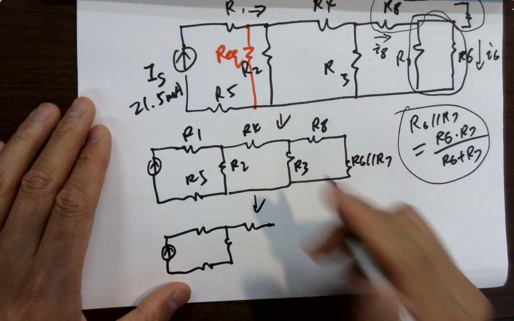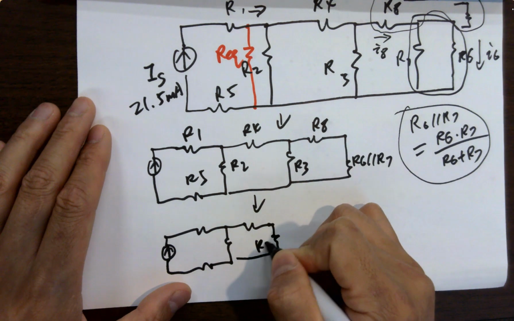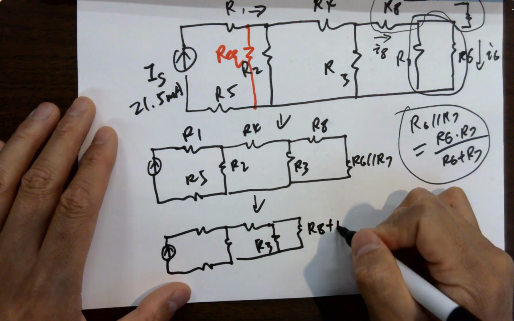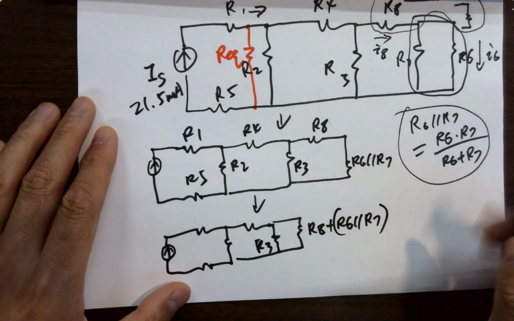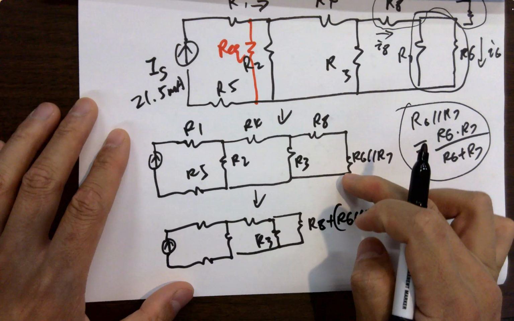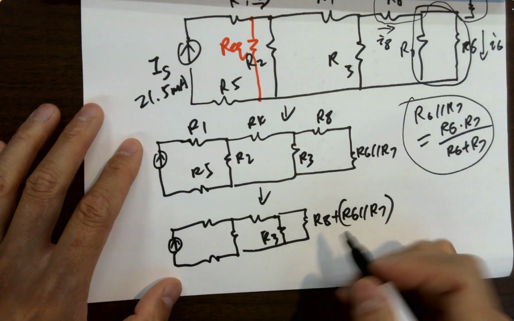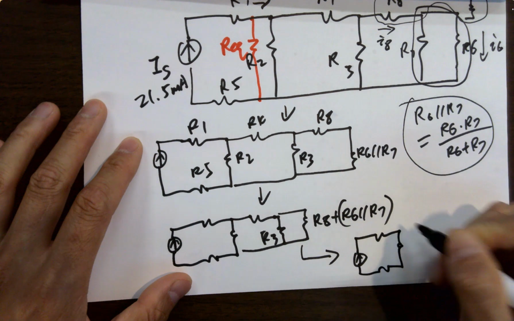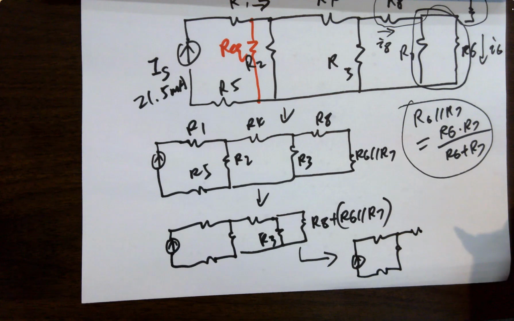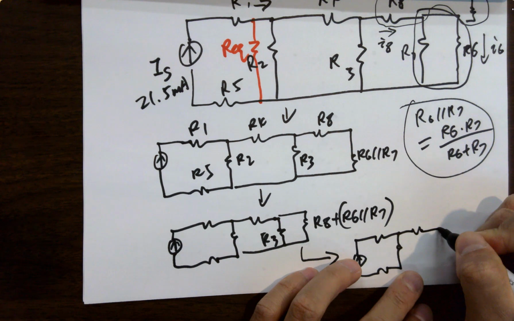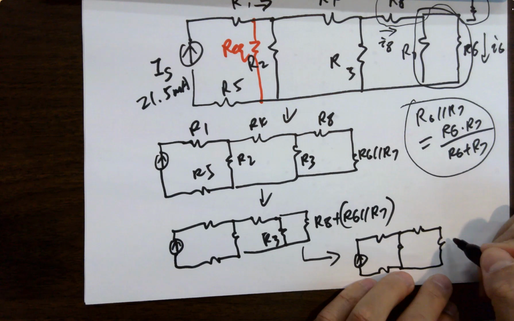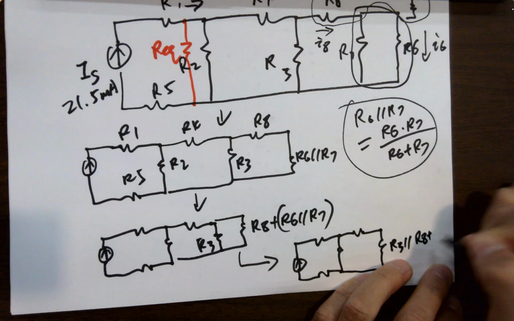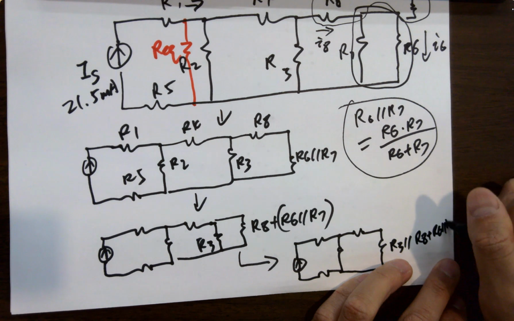You combine these two as one series. R3, and this becomes R8 plus R6 in parallel with R7, right? Because in series. And then in parallel with R3. So next will be this. And this resistor becomes R3 in parallel with R8 plus R6 in parallel with R7.